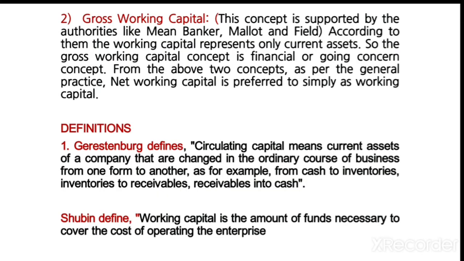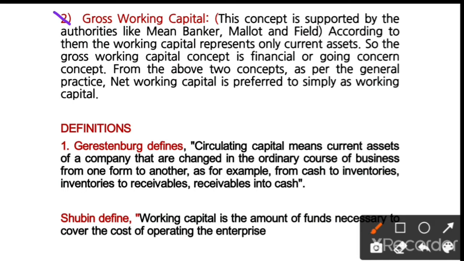We will move to the next. According to the gross working capital concept, this is supported by authorities like Mean and Banker. According to them, working capital represents only current assets. Basically, working capital has two concepts: the first is the net working capital concept and the other is gross working capital. As per the net working concept, working capital is the excess of current assets over current liabilities, that is, current assets minus current liabilities.